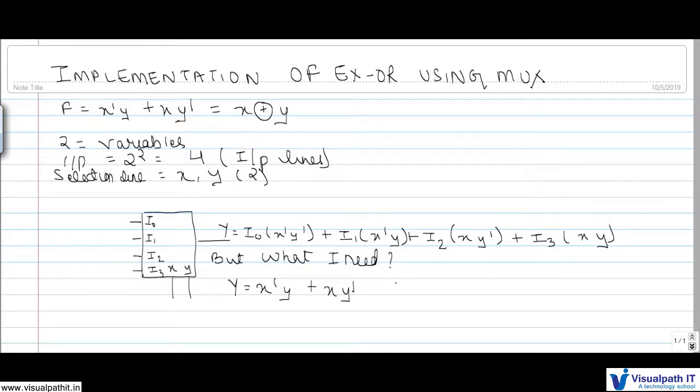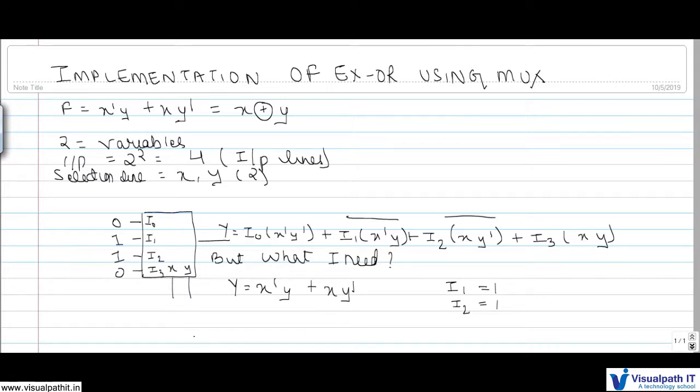So where is x dash y? x dash y is here and x y dash is here. So I will just put I1 and I2 both as 1, or both in the high state, and I0 and I3 in the low state.